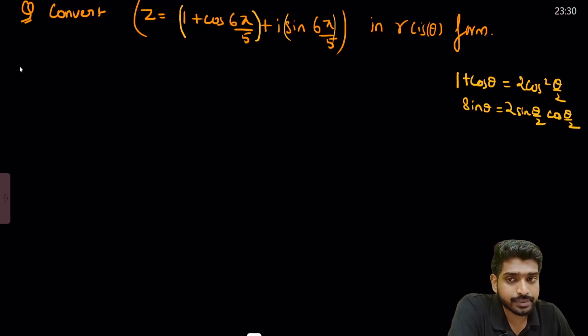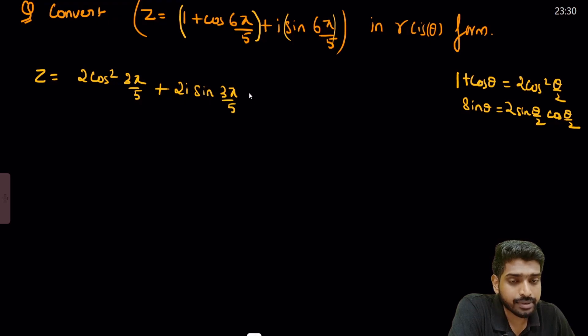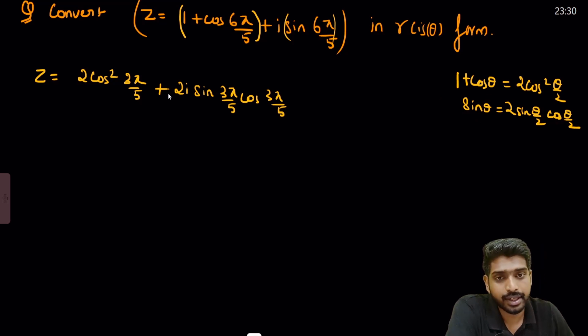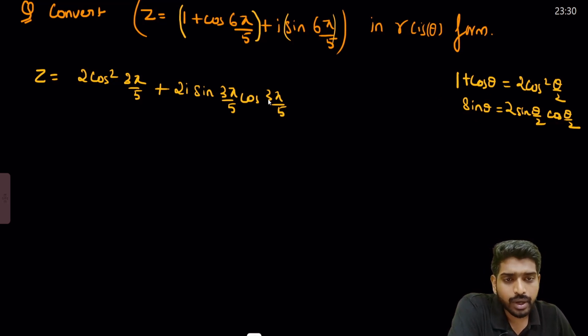Here we'll get z is 2 cos square theta by 2, that is 3 pi by 5, plus 2 iota sin 3 pi by 5 and cos 3 pi by 5, by using these two formulas. Now, what can I take common?